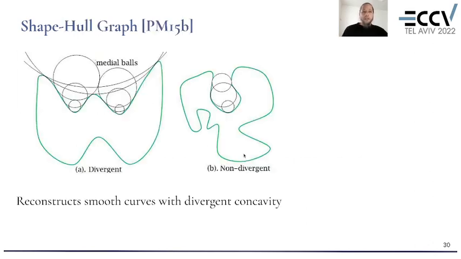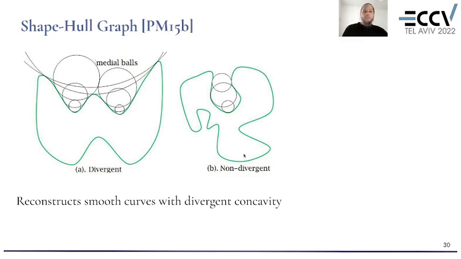The shape hull, which was briefly mentioned before in the first part, can reconstruct smooth curves as long as the concavity is divergent. You can see an example on the left of what is divergent. So the medial balls, which are the circles with a point on the medial axis at the center, and touching with the radius local feature size, so touching at least 2 points on the curve.